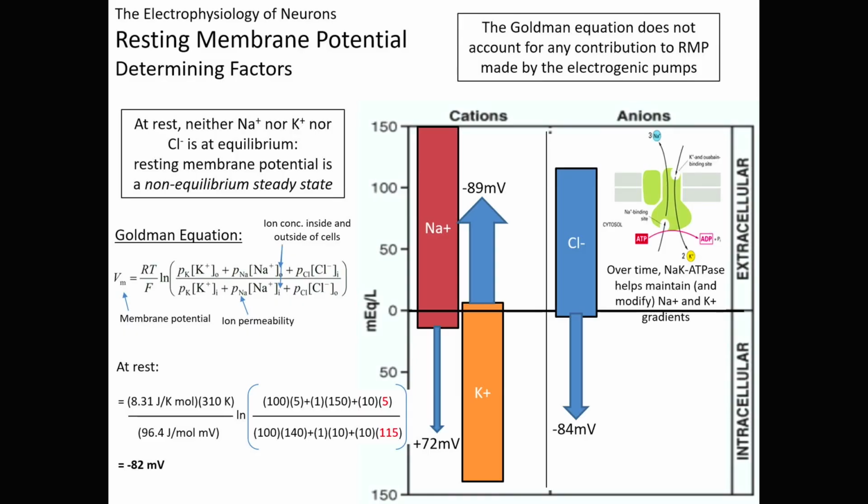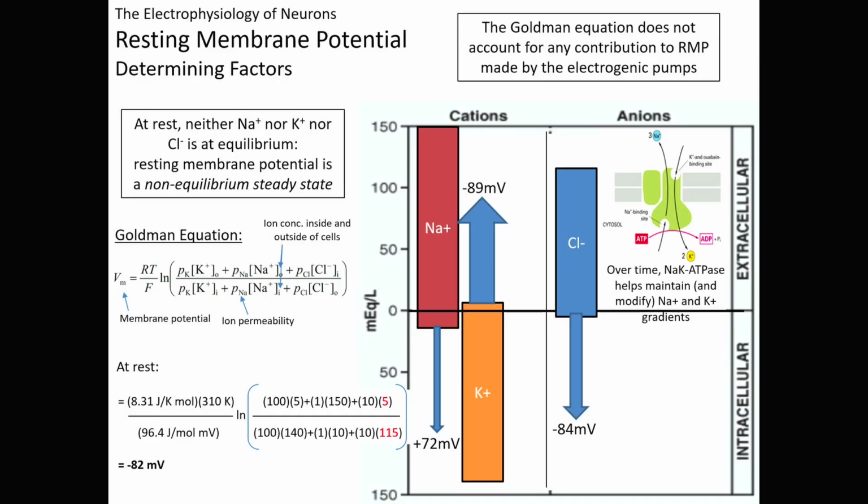The last point I think I want to mention here with respect to resting membrane potentials is the fact that we have these ions that are moving across the membrane, and we said that it's the movement of these ions across the membrane that ultimately is causing the resting potential to form. How do we make sure that the concentrations of these ions don't then change over time?